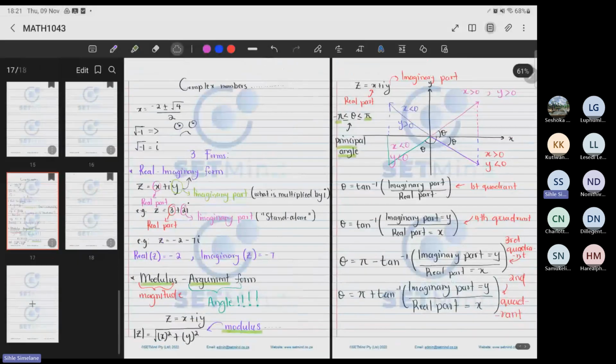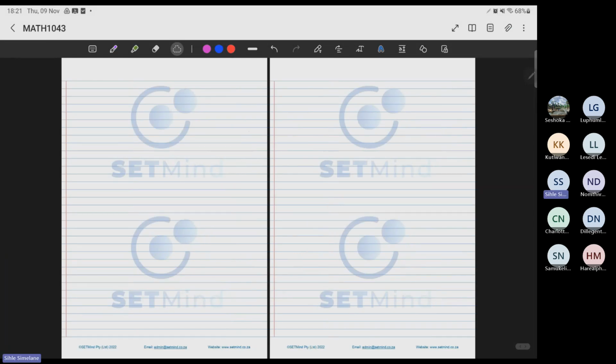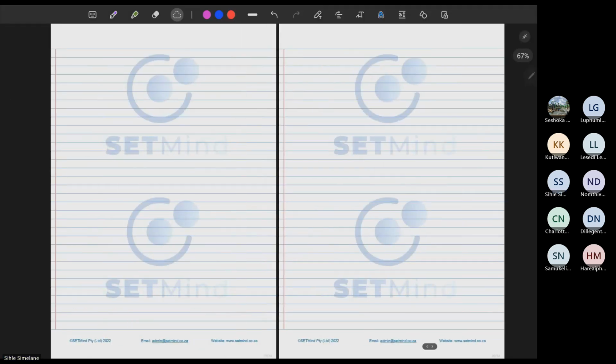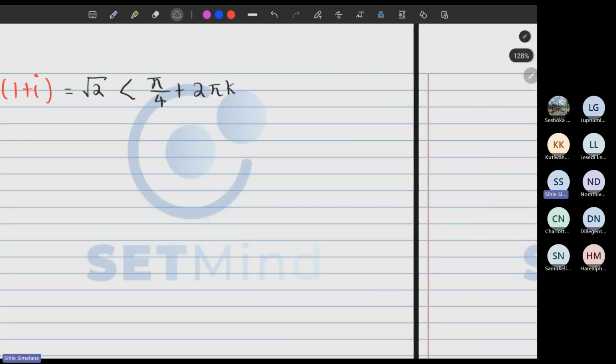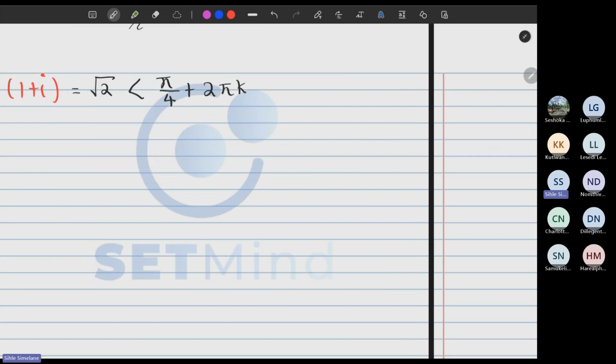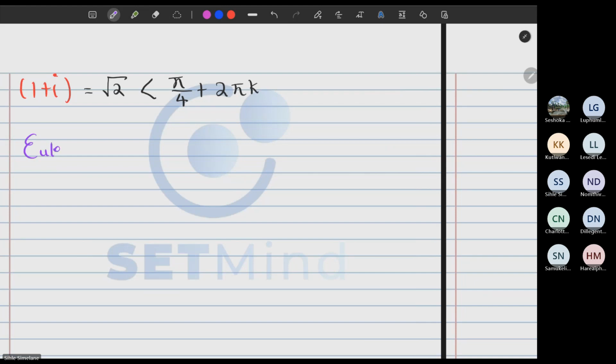Get a page and raise it to the power of 10 and give them the final answer. Paste that there. So what I need you to remember is that when we write in Euler form, that there is the angle and that there is the R. So that's the angle theta.